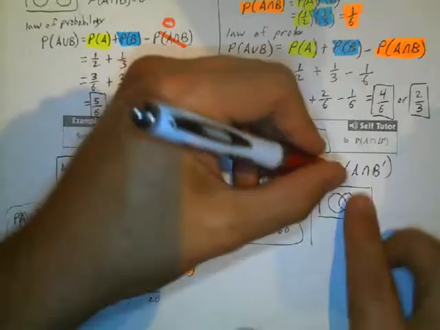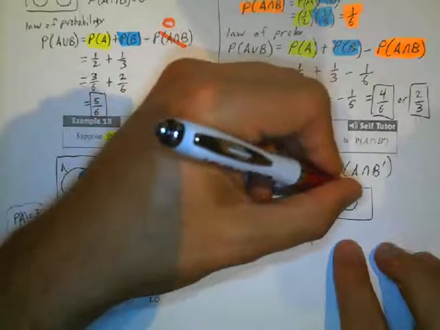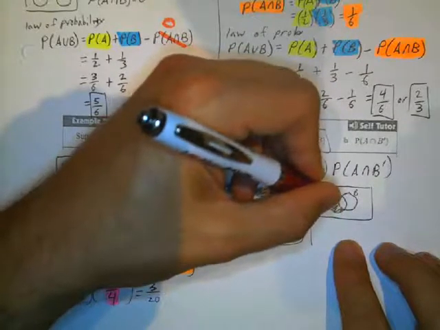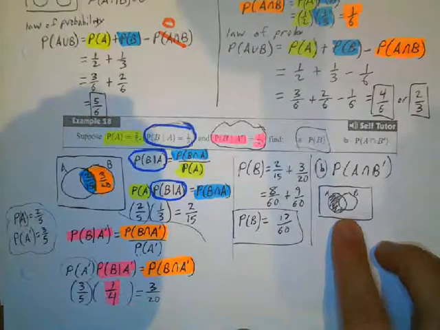So that's going to be this region right here, because it's inside A and it's not inside B.